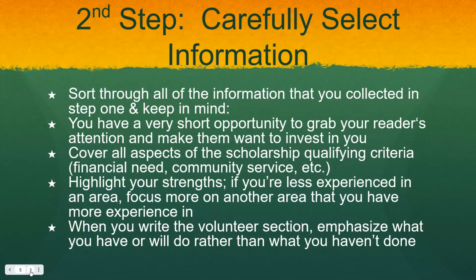If you're less experienced, for example, in a specific area you're asked to address, focus more on another area that you have more experience in. When you write the volunteer section, if there is a volunteer section in your statement, emphasize what you have or will do rather than what you haven't done.